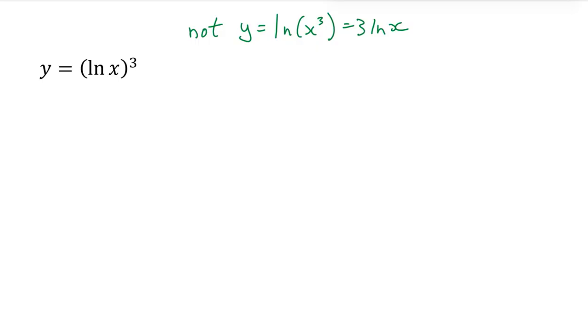This is ln of x all cubed. So that rule does not apply. Be a little bit careful. I will be careful on a test or worksheets, hopefully, at least they're formatted correctly, where brackets are used to determine the difference. If it was written like this, you would assume that it means that, and it would be 3 ln x. That's very different from ln of x all cubed.